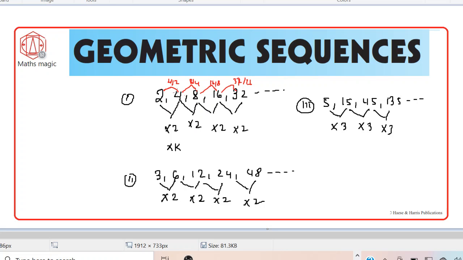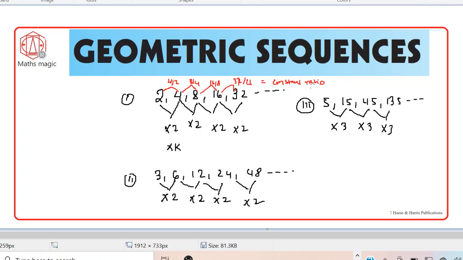If these ratios are equal, then you can say that it's geometric. Over here 4 upon 2 gives you 2, 8 upon 4 gives you 2, 16 upon 8 gives you 2, 32 upon 16 gives you 2. Therefore this sequence has a constant ratio.